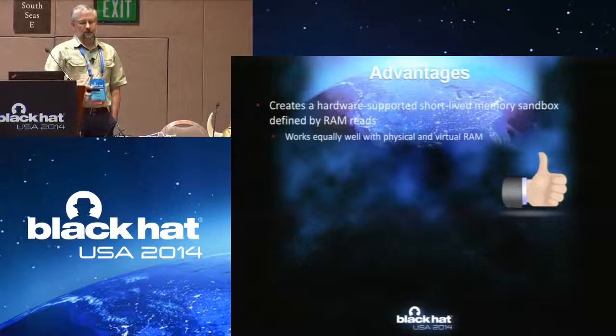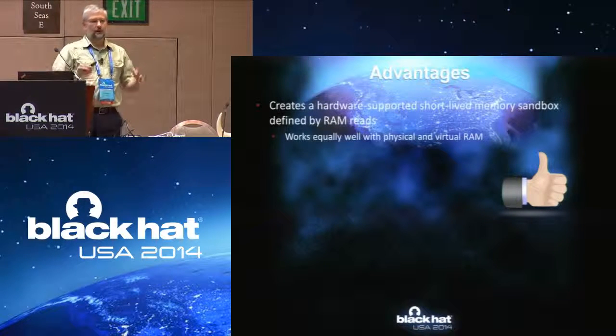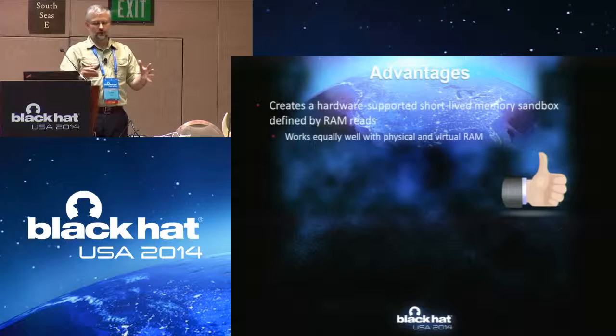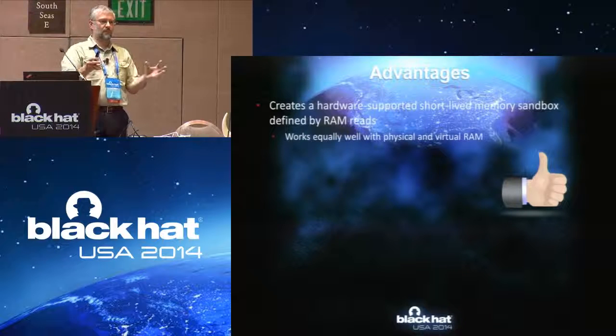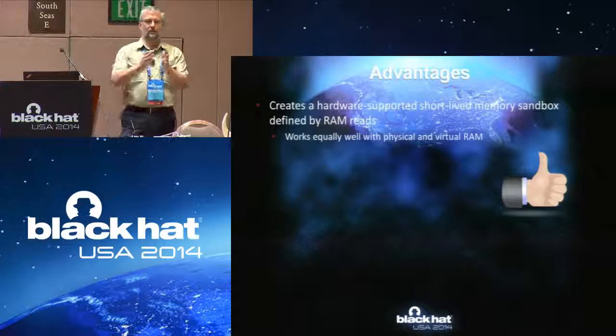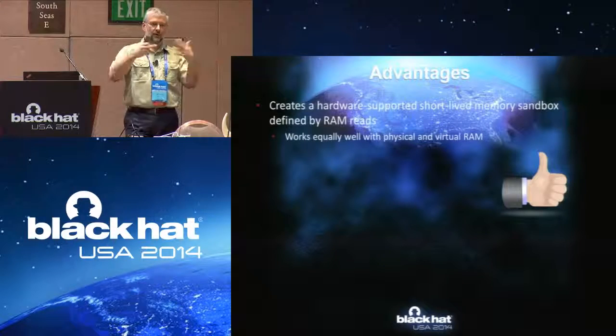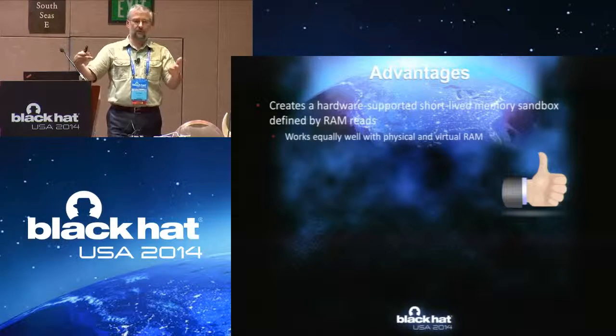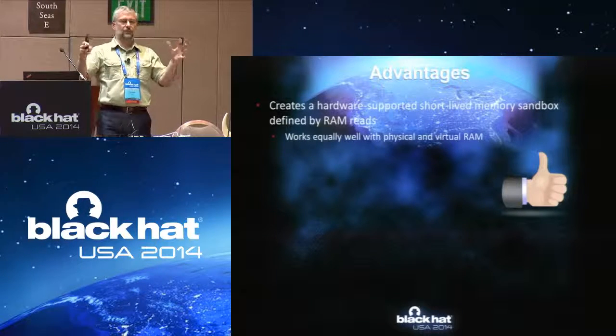The advantage of this technology is that essentially it creates a very short-lived, hardware-supported sandbox, and you define the shape and size of that sandbox. Your security thread, when it starts reading from memory, can create a sparse pattern or contiguous block of memory, and by continuing to read from it, it defines what is protected.